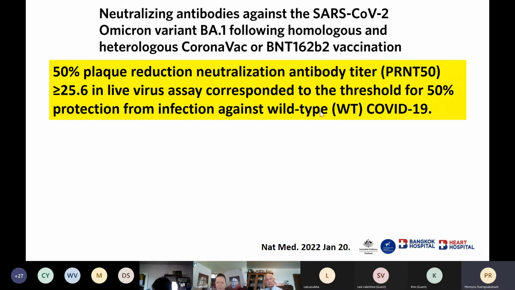But this is for the wild type or original strain, original virus, okay? So what it means is if you have this number, you can prevent 50% of infection with the antibody, okay?